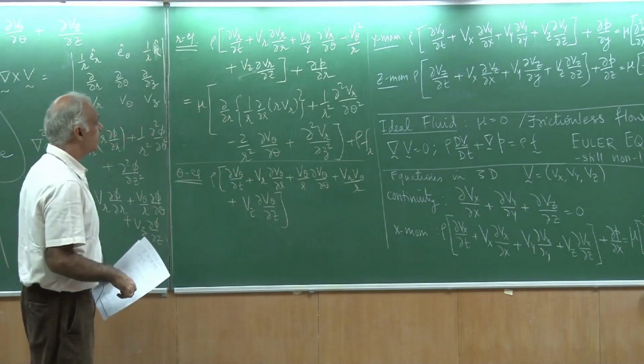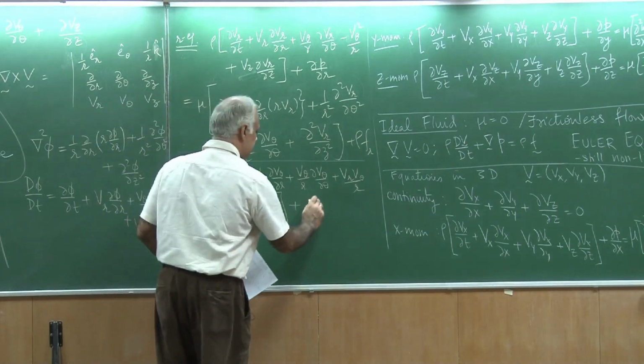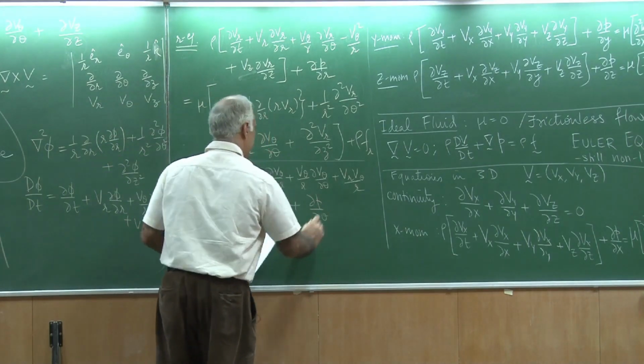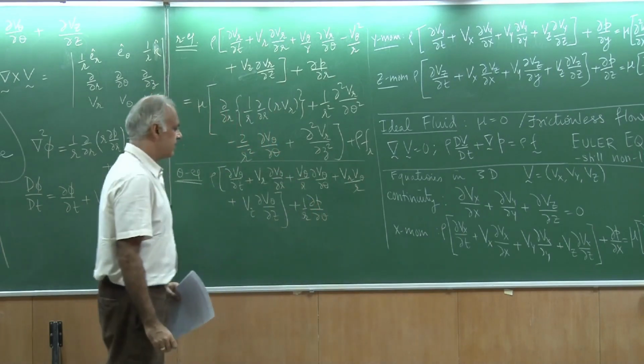Okay, so that's the dv dt term for the theta direction, plus a pressure gradient term, del p by del theta, but then there has to be a 1 by r prior to it.